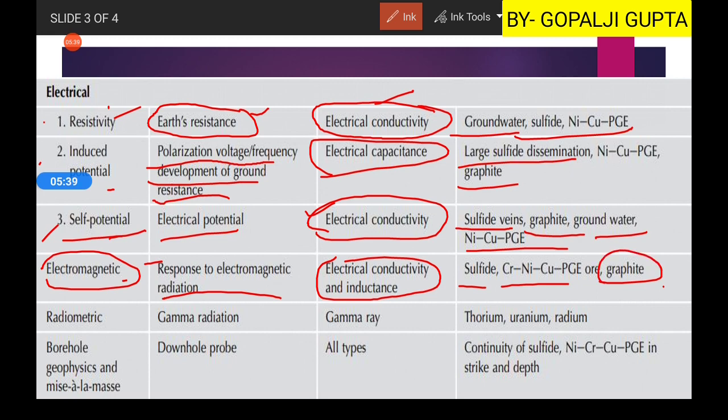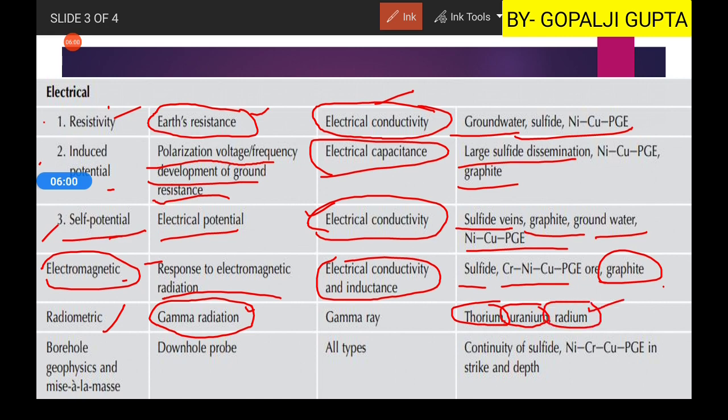Then there is another method, the radiometric, where we use gamma radiation. As you know, radioactive decay will produce alpha, beta and gamma radiations. So we use the gamma radiation, and we can identify thorium, uranium as well as radium deposits.